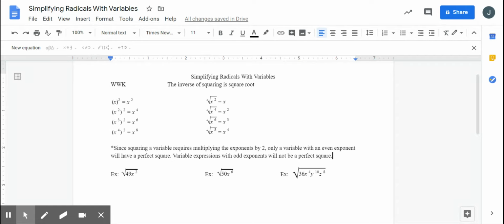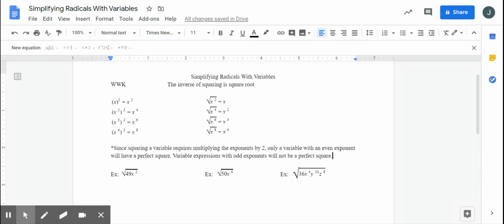So in this column right here, I'm actually squaring. Okay, so after we take a look at what happens when you square something, we're going to do the reverse when we square root, because squaring and square root are inverse functions. So here we have inside the parentheses x to the first power.